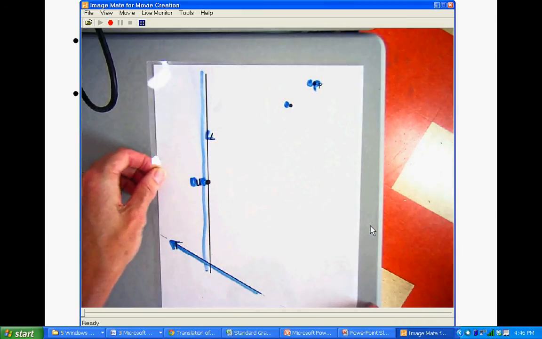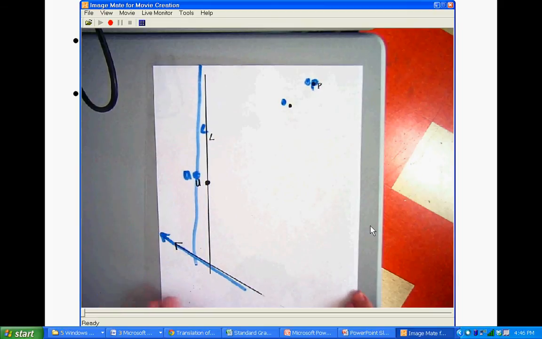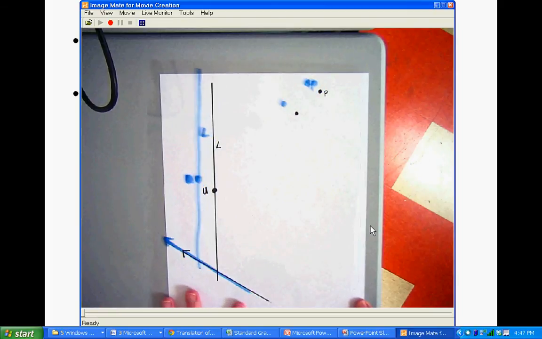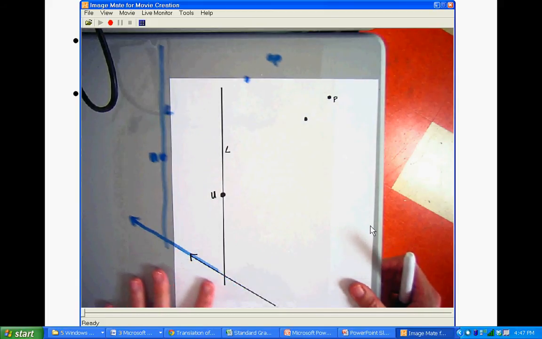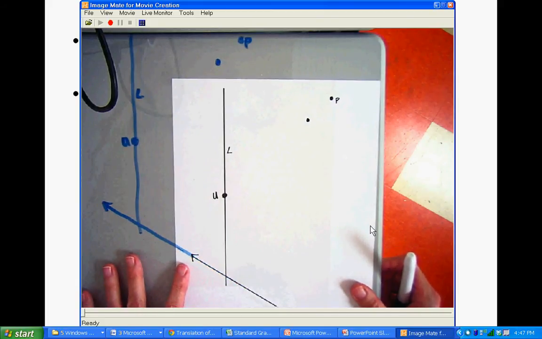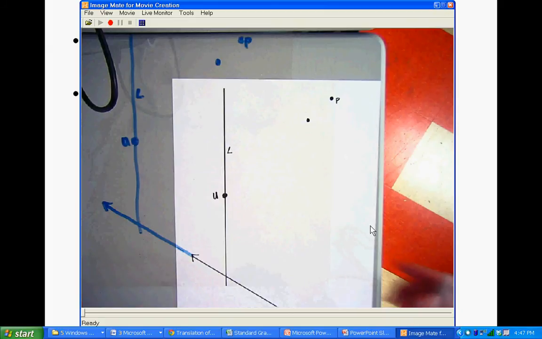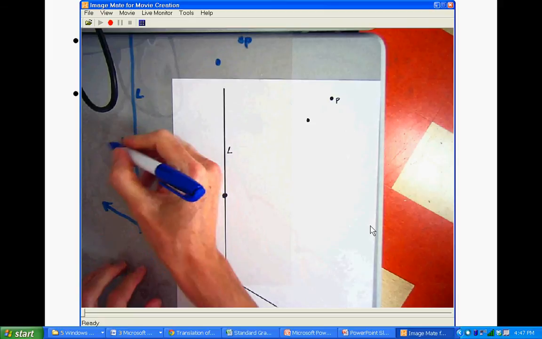So if I keep my paper the same and translate this along the line, then essentially I'm going the length of the vector, and you can pretty much see here that we have a translation. So now this becomes T of U.